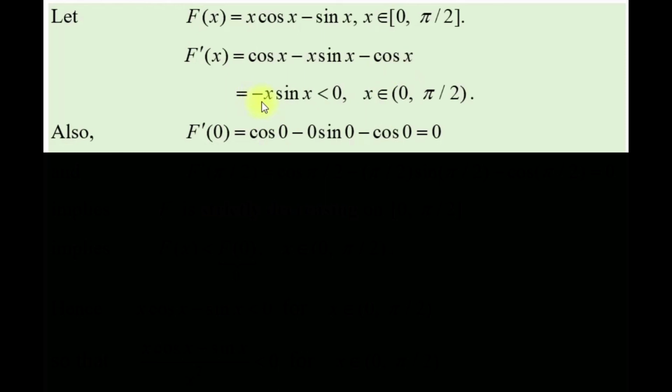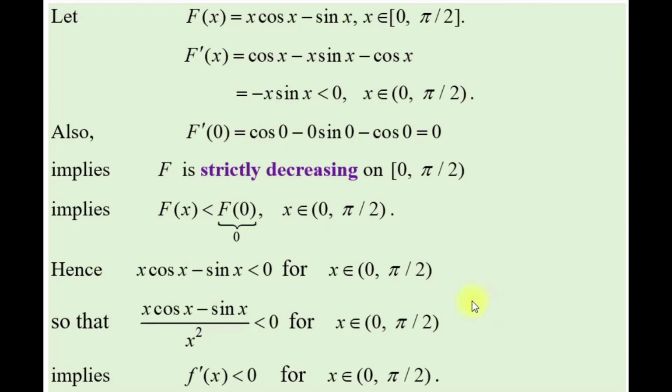So this is equal to minus x sin x, and on the interval 0 pi by 2, x is positive and sin x is positive. So x sin x is positive. So negative x sin x will be less than 0. Also capital F prime of 0 is equal to cos 0 minus 0 sin 0 minus cos 0, which is equal to 1 minus 0 minus 1, which is equal to 0.